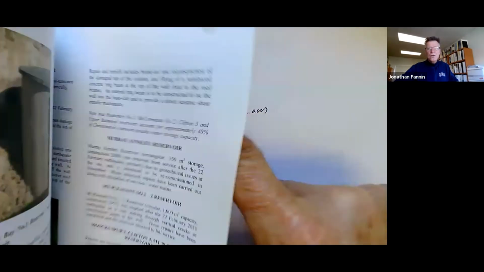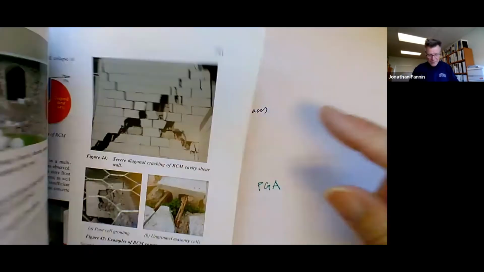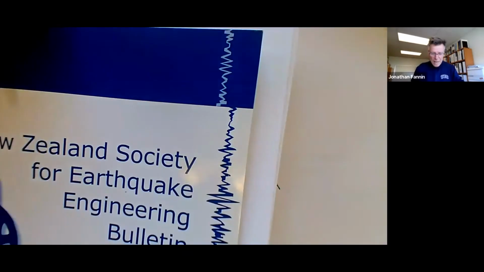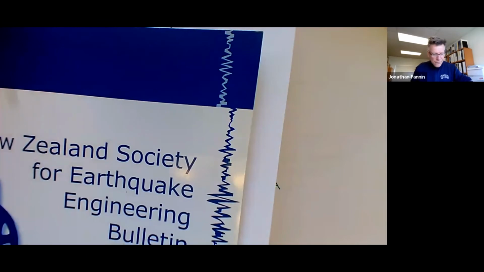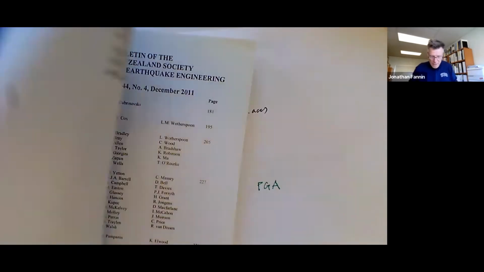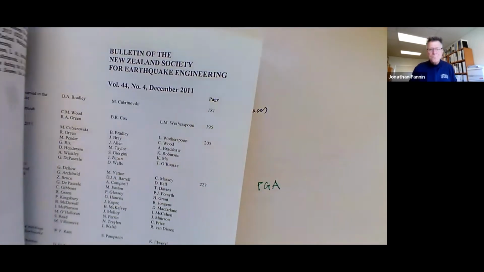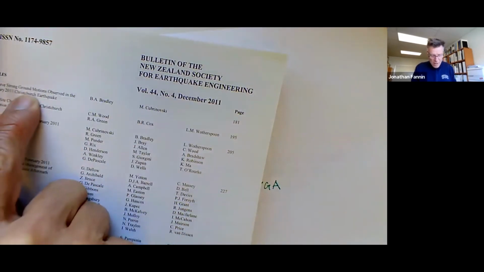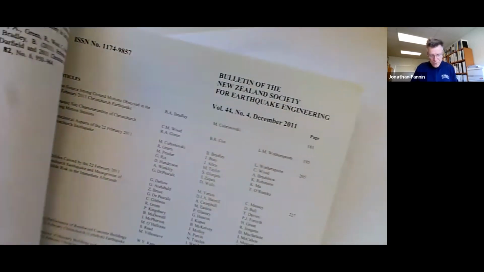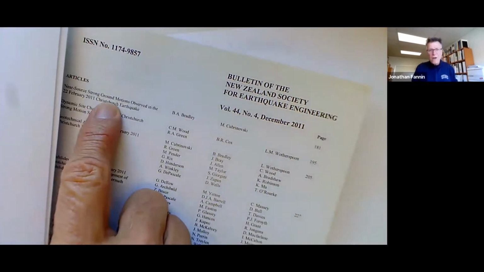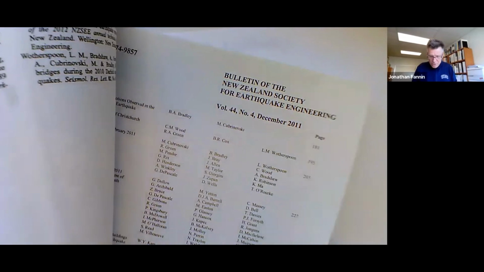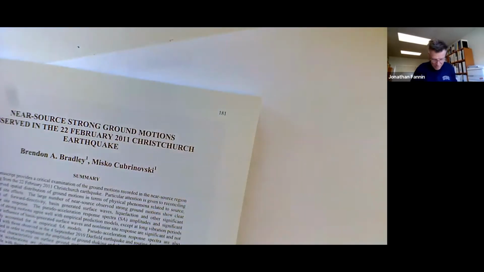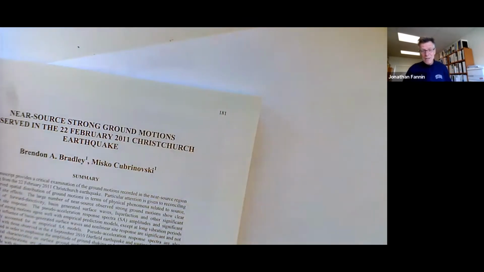There's page 425, a 400-plus page bulletin on everything to do with liquefaction, rockfall and slope instabilities. And Brendan Bradley, a colleague of Mieszko Trubinowski, reported on the near surface strong ground motions. Let me turn to that. It looks like it starts at page 181, so we have to subtract that from the 450. Still a bunch of pages, people.